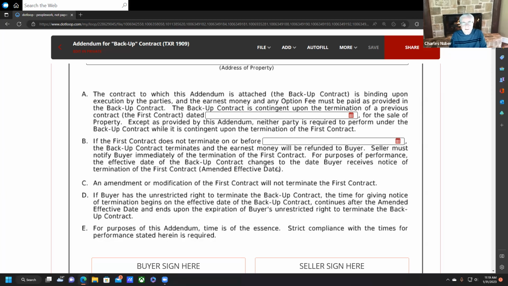The reason for this is that way the mortgage company and the title company both know that the backup contract is moving forward. They don't have to read emails. They don't have to read notices as the underwriters for the title company or the lender. Because they don't have to read email notices, if you send them an amendment, they must add that to the file. So that keeps everything on track.